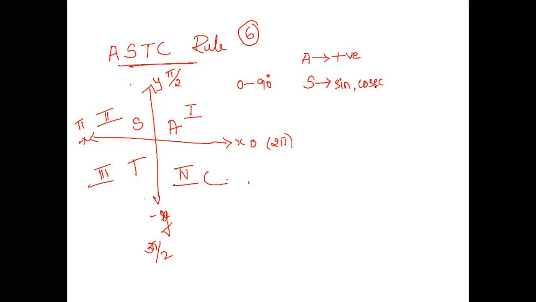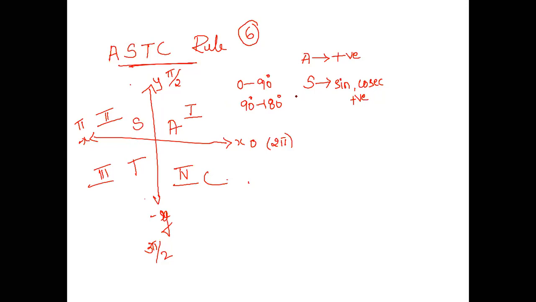Sine and cosecant are negative in the second quadrant. Sorry, it's not negative, it is positive. Sine and cosecant are positive in the second quadrant, where the angles range from 90 degree to 180 degree.